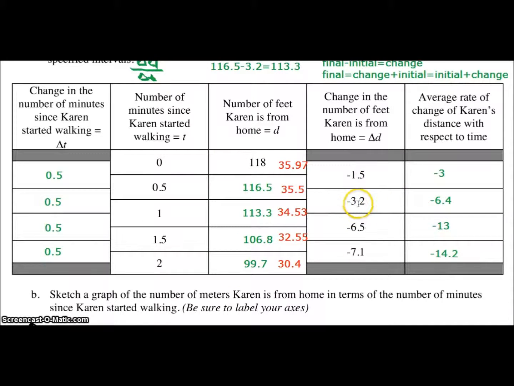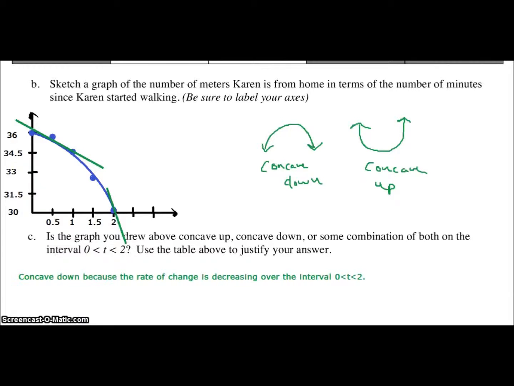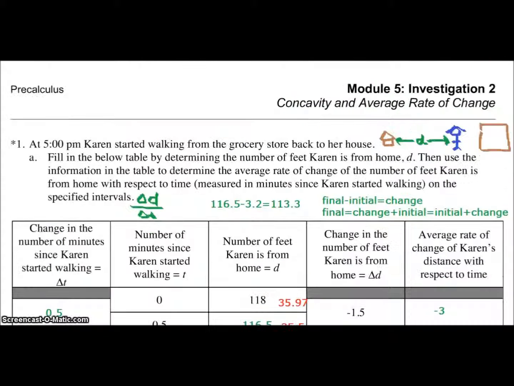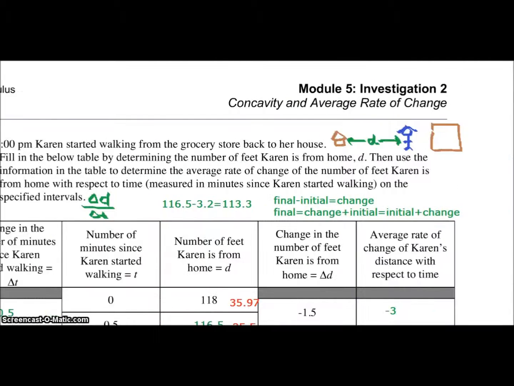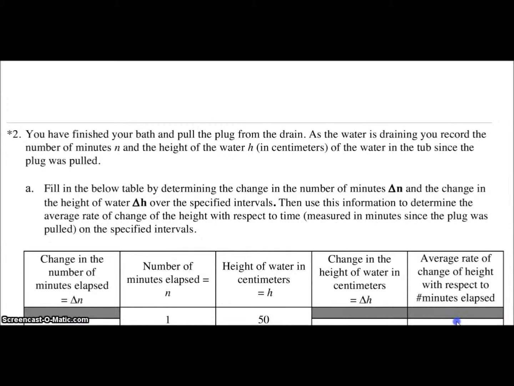There are these corresponding changes, and notice the changes are also decreasing. So she's walking home faster and faster. Her rate of walking home is negative because we're moving toward home, but really she's getting faster and faster. That was a pretty cool problem, but we really needed to be precise with our graph or else it all falls apart.